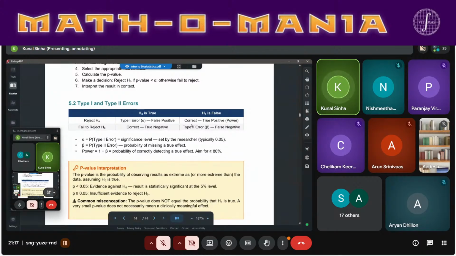Type 1 error is when the statement is false in real life, but your testing or your statistics make it appear as if the statement is true. That is a false positive. And type 2 is a false negative. Basically, your statement is true, but they make it so that it appears false. That is what false negative means.